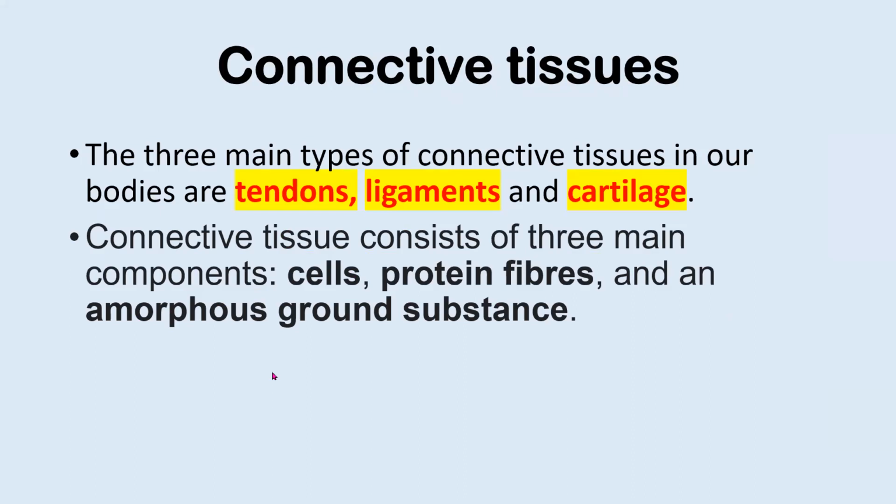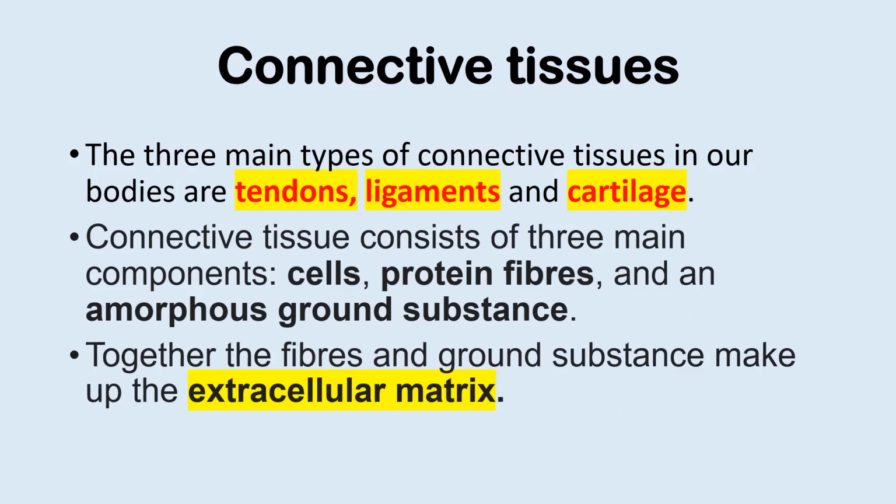Now, amorphous means no particular shape, shapeless, and ground substance is what the fibers sort of move through. It's just a material that's sitting there, and these fibers and the ground substance make up the extracellular matrix. Now, extracellular means outside the cell. It's not within the cell, it's outside the cell matrix.